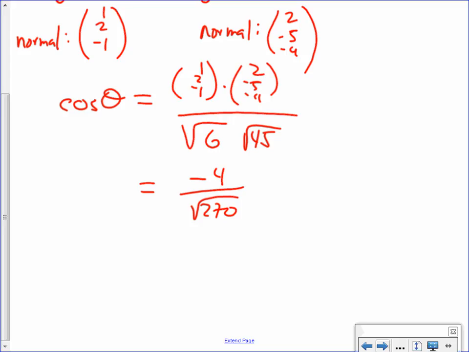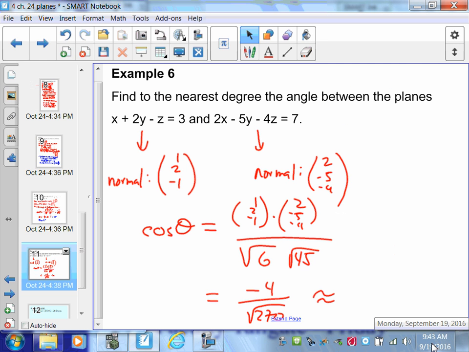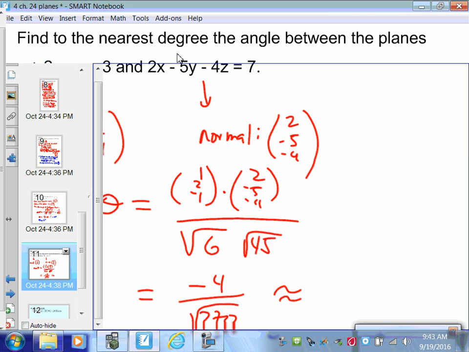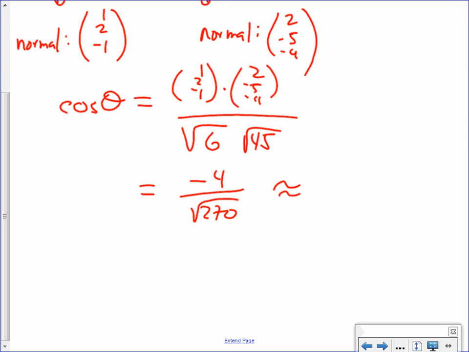Which is what degrees? Second cosine of negative 4 divided by the square root of 270. 104-ish. That's a good one.